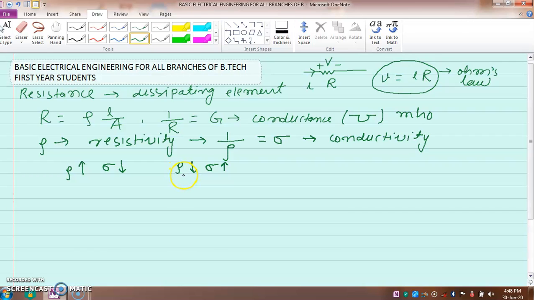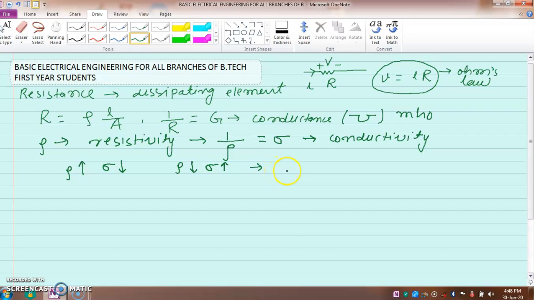It does not depend on length and area of cross section. It must be kept in mind that resistivity is the property of the material. Material means iron, silver: iron has a different resistivity, silver has a different resistivity, gold has a different resistivity. It does not change by changing the length and area of cross section.